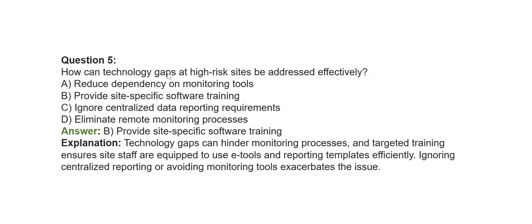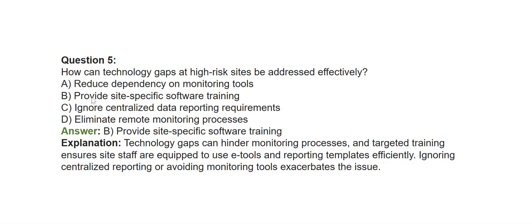Question 5: how can technology gaps at high-risk sites be addressed effectively? A, reduce dependency on monitoring tools, B, provide site-specific software training, C, ignore centralized data reporting requirements, or D, eliminate remote monitoring processes? So it is B, as we cannot ignore centralized reporting, of course. We cannot eliminate remote monitoring processes, and we cannot reduce dependency on monitoring tools. So A, C, and D don't make sense.